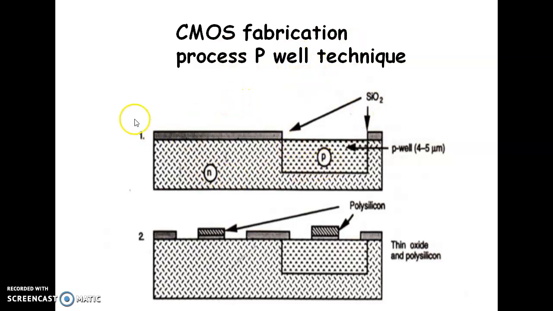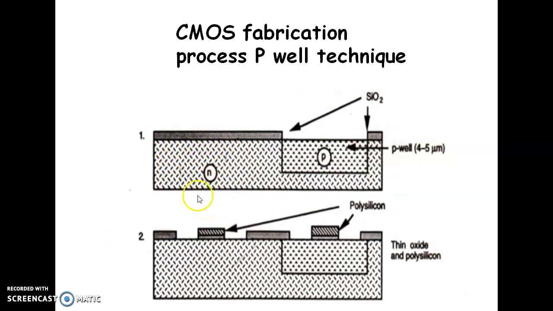In the P-well technique, we can see it's an N substrate on which a P-well is formed. This is a P-well, a 4 to 5 micrometer P-well. We need to consider the N substrate first of all. This structure consists of an N-type substrate in which P devices may be formed by suitable masking.